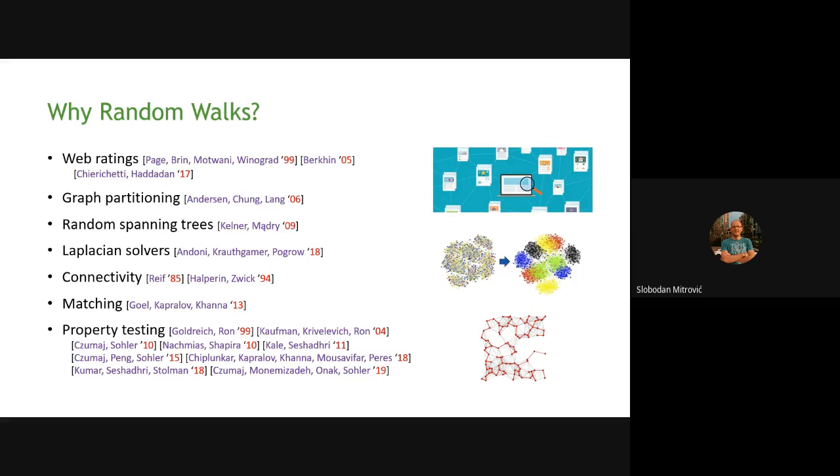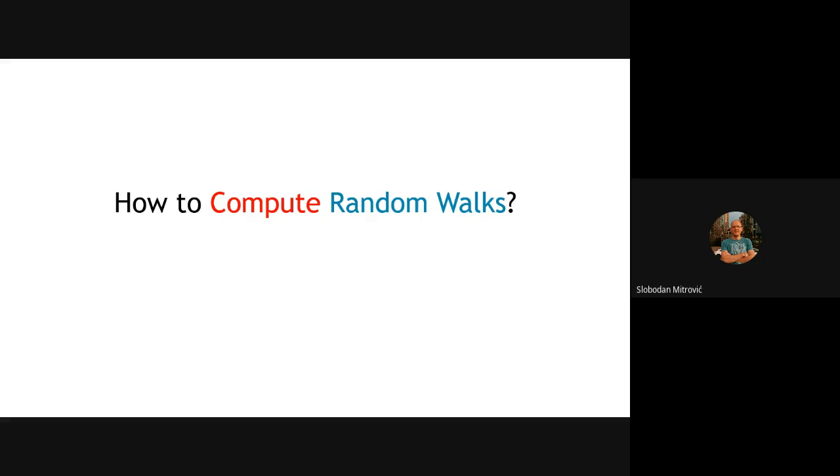Some very industrial applications are, for instance, in web ranking. Google started the company based on this kind of objects. There are then many applications in spectral graph theory, property testing, connectivity, and so on. And the basic question is how to compute random walks efficiently.